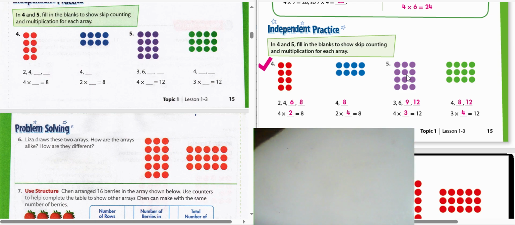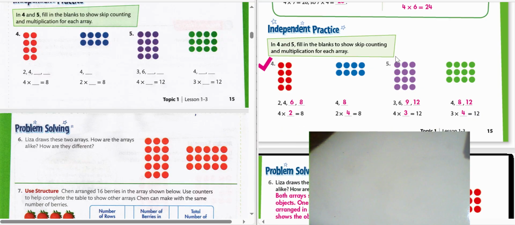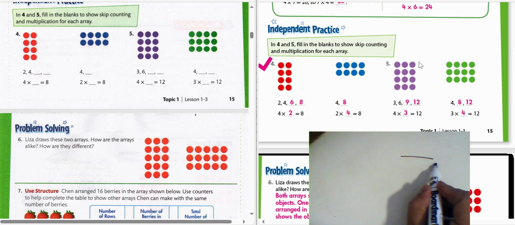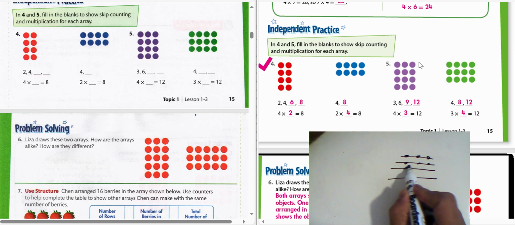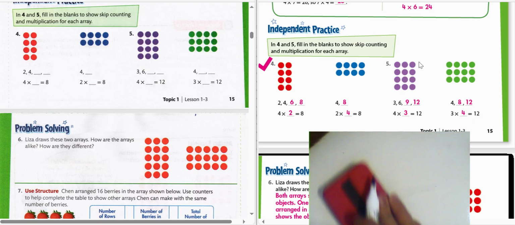And also question number 5. We have 4 rows. Each row contains 3 elements. 4 times 3, okay. Then we can write 4 times 3 equals 12.